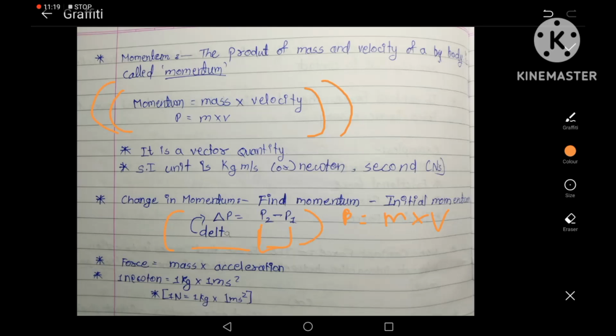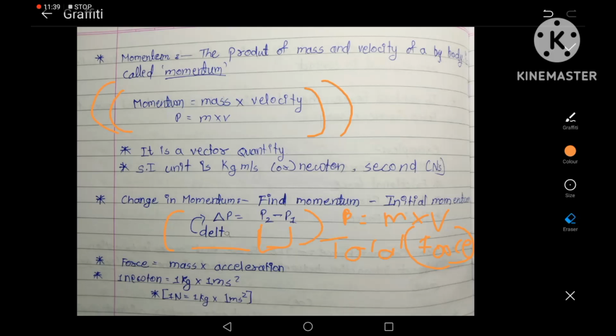So we will move towards our next topic, that is force is equal to mass multiplied by acceleration. To find the force acting on a body, I didn't tell you that it is total force, it's only force you have to find.